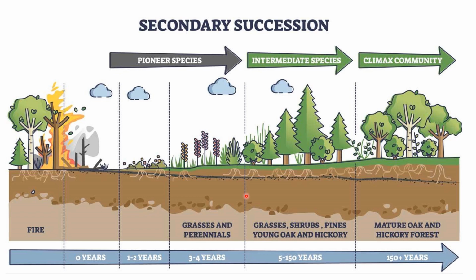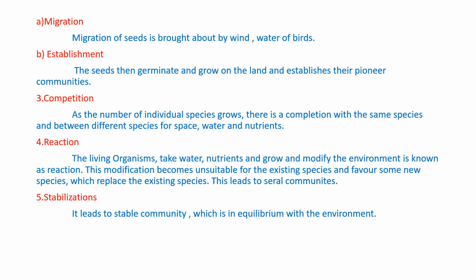Over the years, grasses, shrubs, pines, young oak and hickories develop. At the end, after more than 150 years, we get the climax community, that is the mature oak and hickory forest.